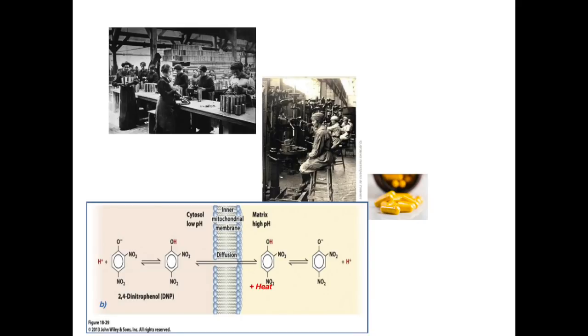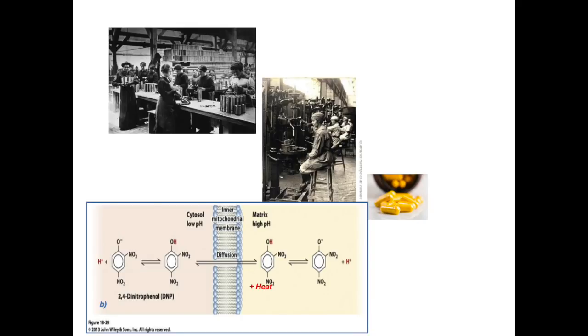Her temperature skyrocketed. There was nothing that they could do because this DNP was just allowing the proton gradient to flow right through that membrane, allowing the potential energy to be turned into heat. And this is a vicious cycle, right? The body thinks it doesn't have enough ATP, and so it ramps up those catabolic pathways that would produce ATP, and the proton motive force is regenerated, and as soon as it's regenerated, it's lost to heat again.